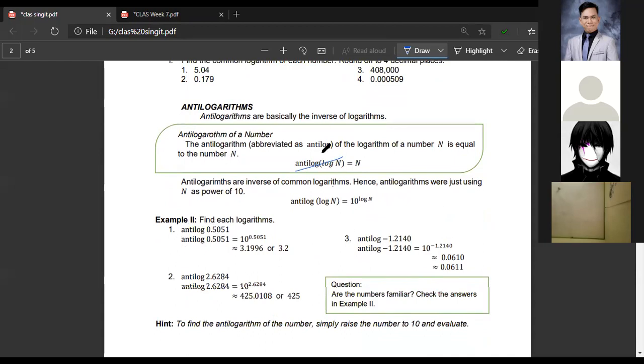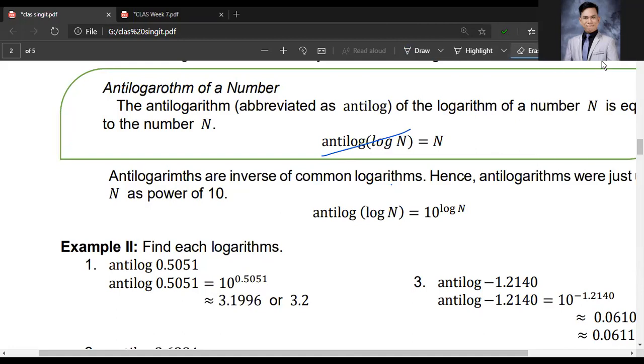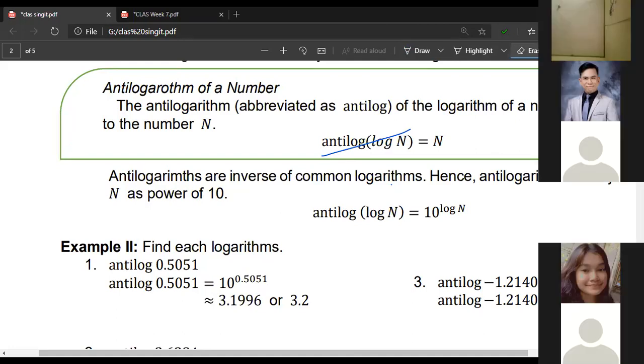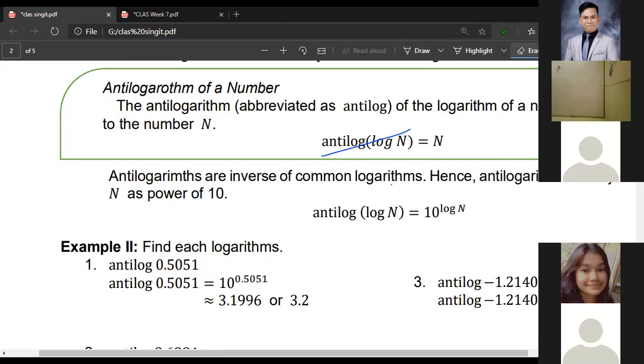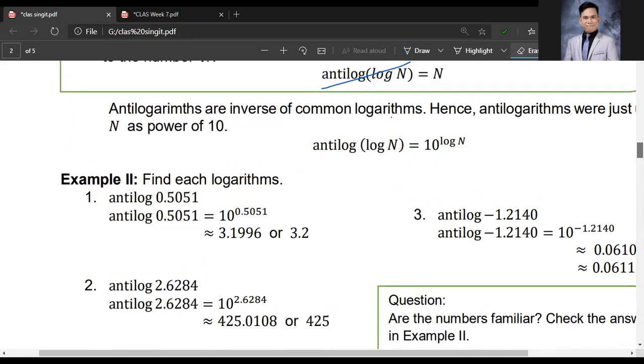For examples, number 1: antilog of 0.5051 is equivalent to 10 raised to 0.5051, which gives us 3.1996 or 3.2. Number 2: antilog of 2.6284 is 10 raised to 2.6284.